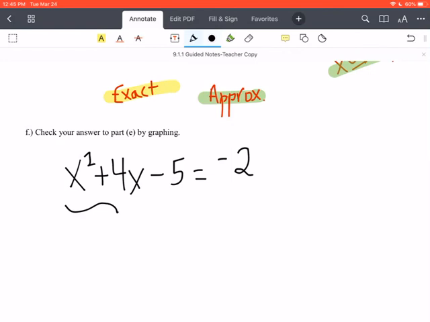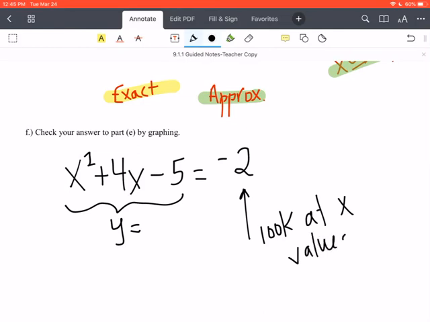Well, we are going to enter this into our y equals, and then we are going to look at the x values when y equals -2.